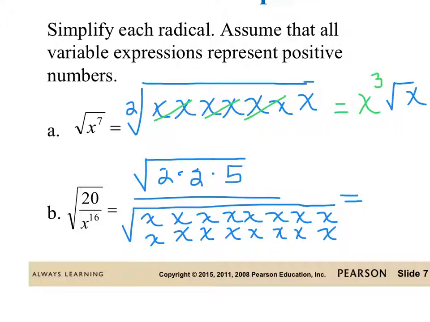So bringing things out in pairs, the 2 will come out, the 5 will stay under the radical, and then we'll have 1, 2, 3, 4, 5, 6, 7, 8 pairs of x's, which will give us x to the 8th power.